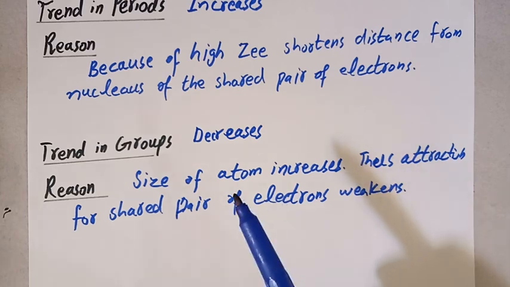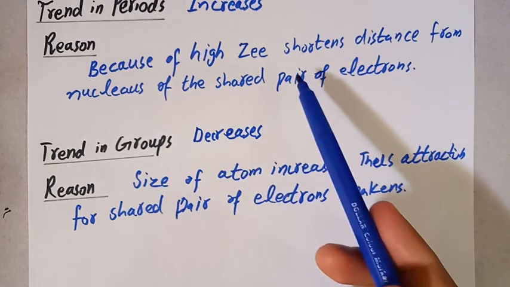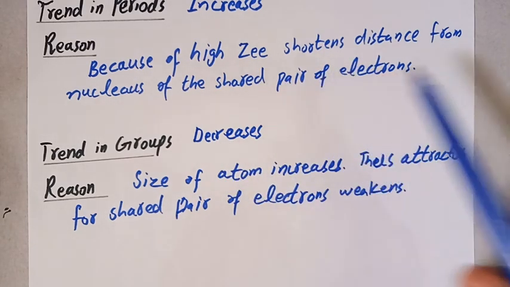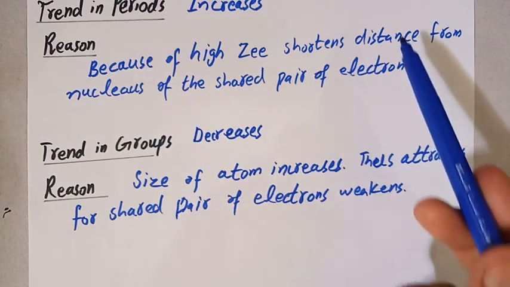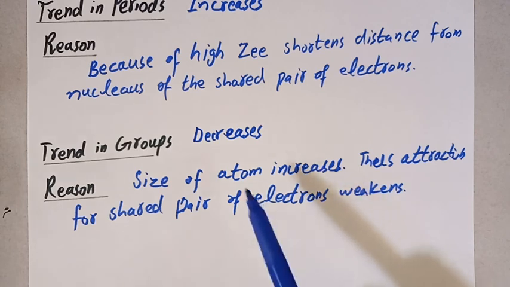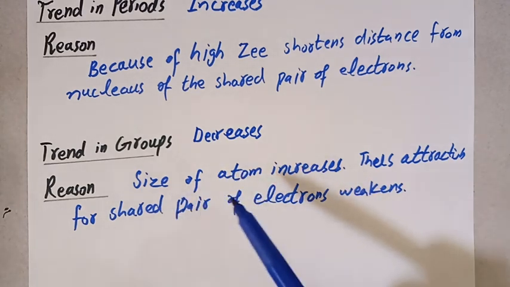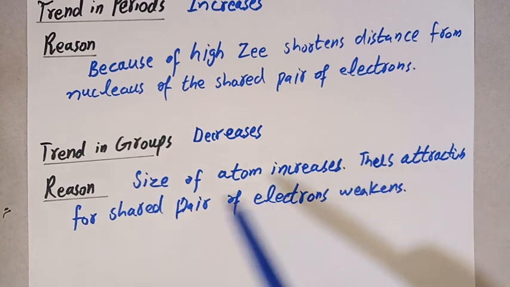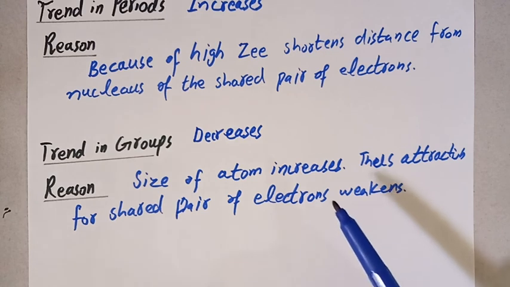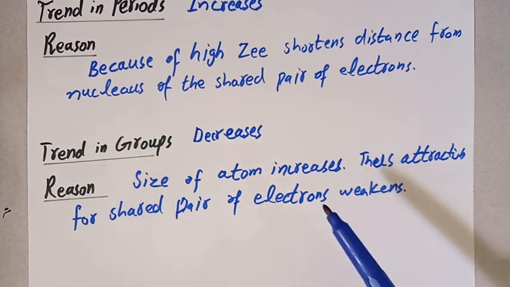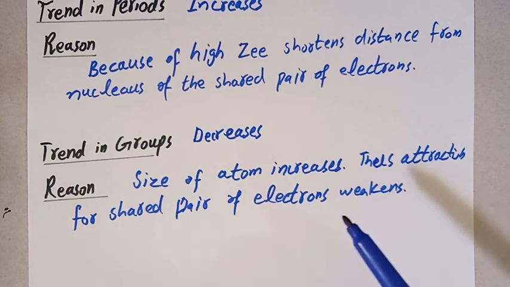It increases in a period because higher shielding effect or effective nuclear charge shortens the distance from the nucleus of the shared pair of electrons, and it decreases in a group because the size of the atom increases and the attraction for the shared pair of electrons will be weakened. So the ability of an atom to attract the shared pair of electrons will also decrease. So this was our today's topic.